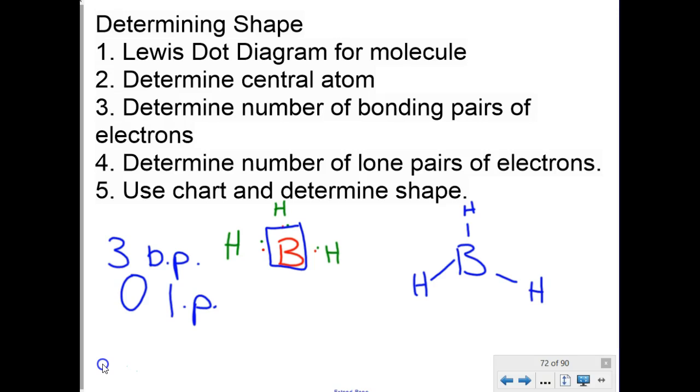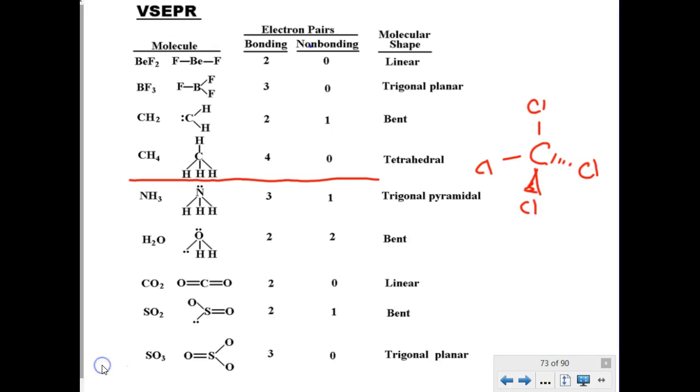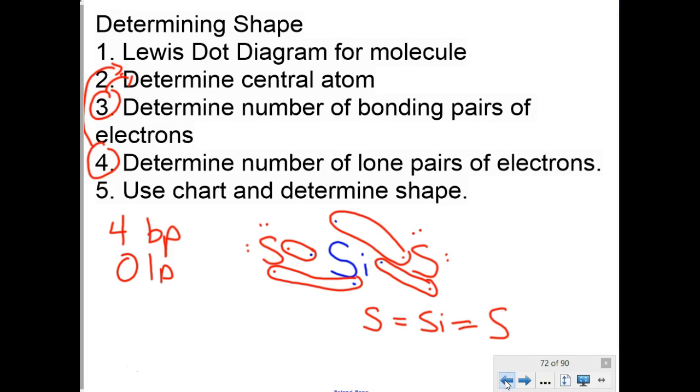Try silicon disulfide on your own. You can also make a guesstimate. You know that electron pairs have to repel each other as far apart as possible. The way it's drawn actually has these two double bonds as far away from each other as possible.